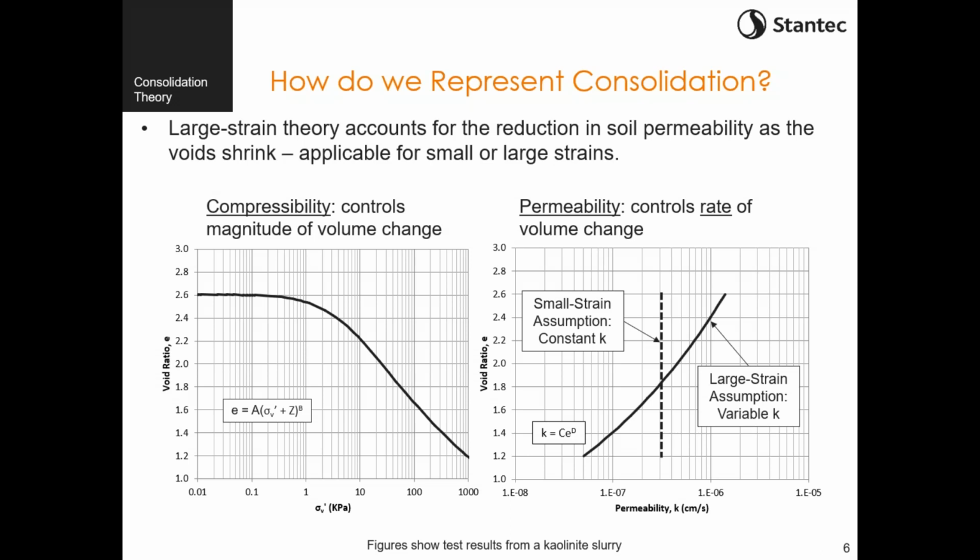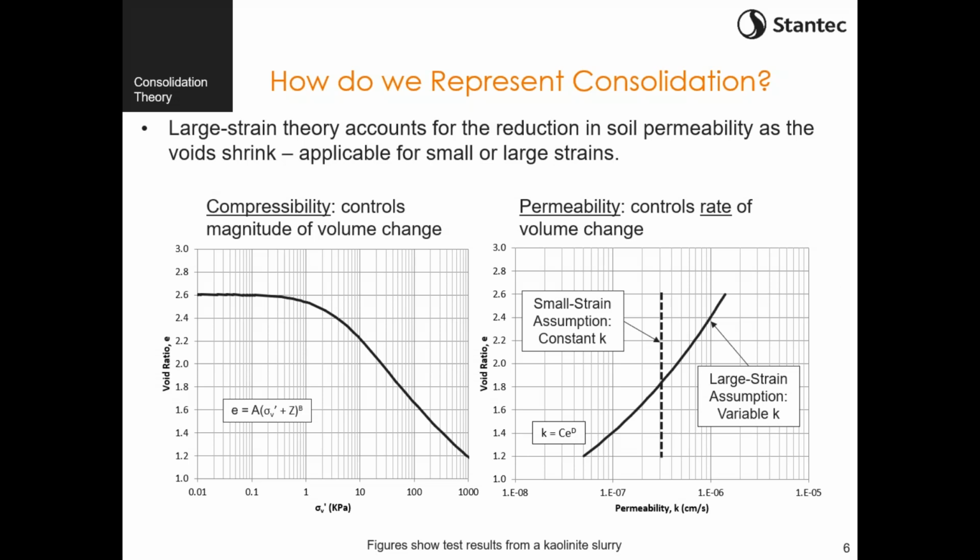If we have, let's say, a clay that has very low permeability, that's going to impede the water as it tries to escape from the soil, and it's going to slow it down. And so that consolidation under a constant load could take days, weeks, even years, potentially even centuries, depending on the situation. So when we're looking at this, we have to understand that, first of all, consolidation is not just load dependent, but it's also time dependent. And now the compressibility curve shown on the left, this is what controls the magnitude of the volume change.